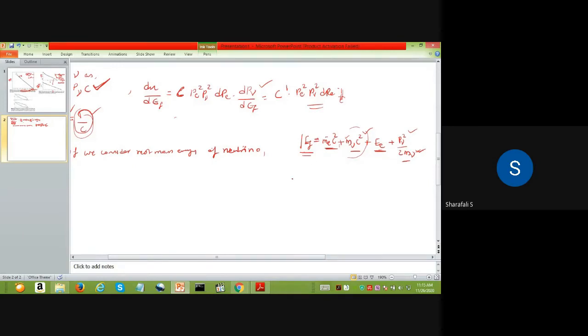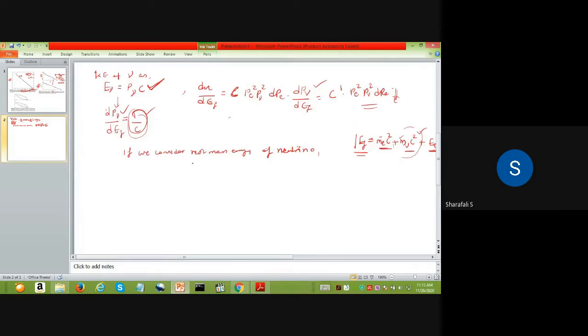Now, if you consider dE_f, we have to consider dE_f. Initially, what I did here is also not right. This is the kinetic energy of the neutrino that I have considered here, but we had to differentiate with respect to E_f. I don't know whether you noticed or not.